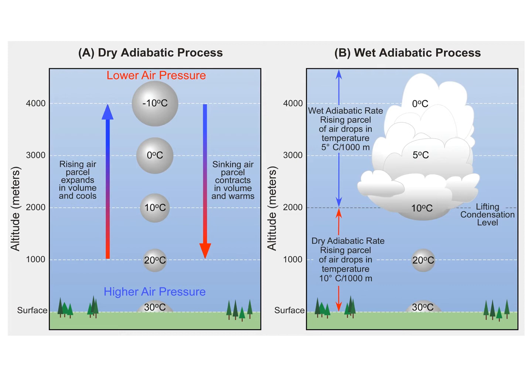If we compare these two diagrams, that cloud on the right at 4,000 meters will have a temperature of 10 degrees Celsius, that parcel of air. If the surrounding air is decreasing at the dry adiabatic lapse rate, the difference between the cloud and the environment, the air around the cloud, will be about 10 degrees Celsius.